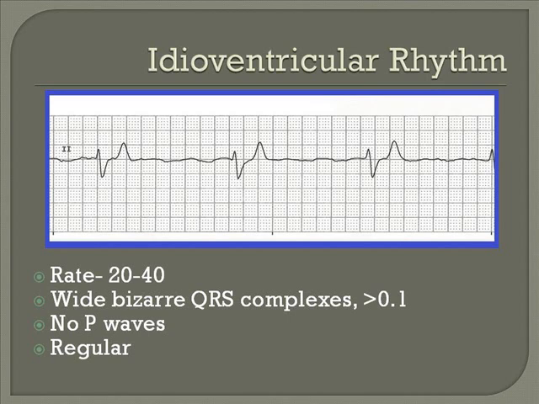The main treatment for this would be some type of pacemaker, as well as finding the underlying cause of why they're in an idioventricular rhythm rather than a regular one. Again, this is called an idioventricular rhythm, but if you just want to call it a ventricular rhythm, that is okay also.